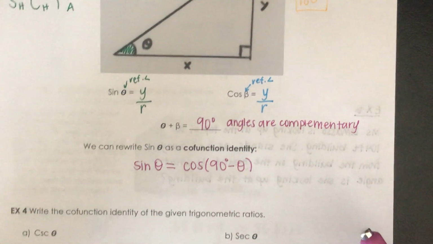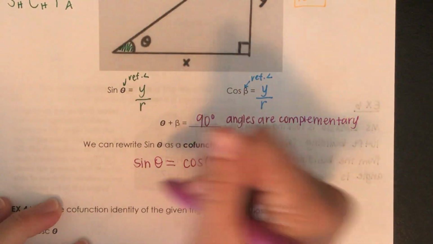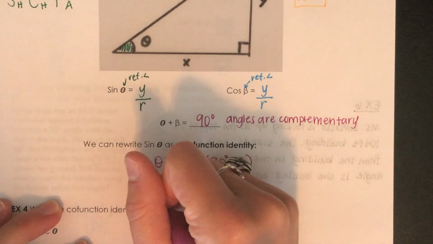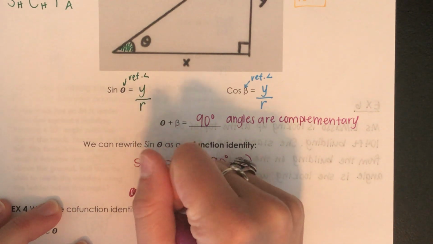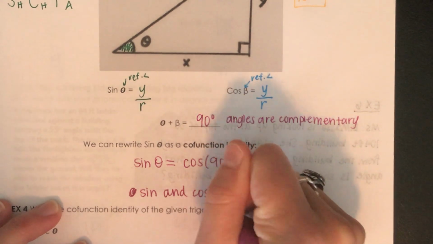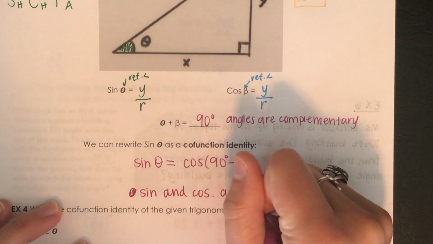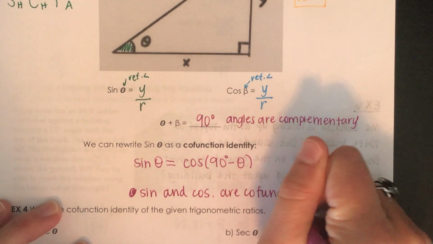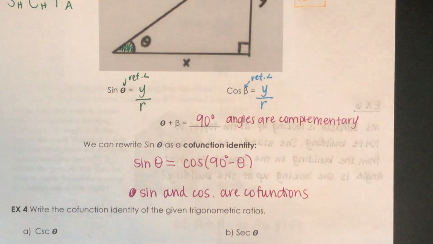So sine and cosine are cofunctions. Sine is the cofunction of cosine. You can kind of hear it in the name, sine and cosine.